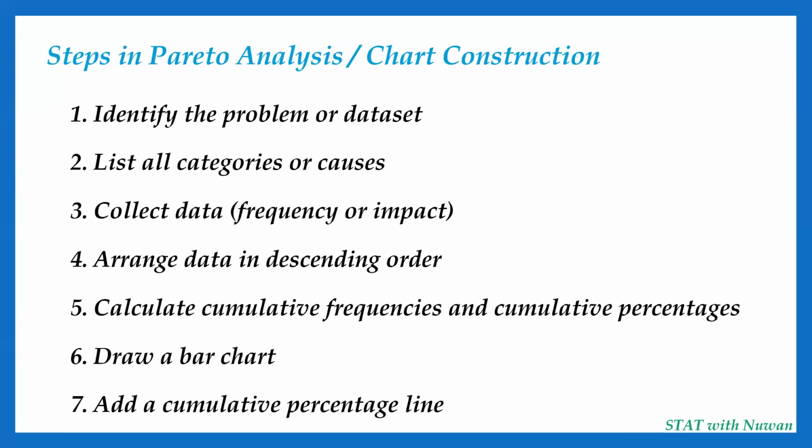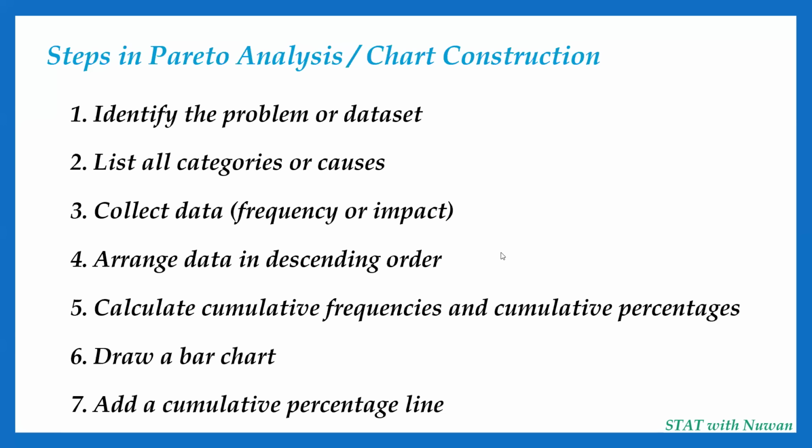The fourth one, arrange the data in descending order, descending meaning highest to lowest. The fifth one is to calculate the cumulative frequencies and cumulative percentages, and then draw a bar chart and add the cumulative percentage line.